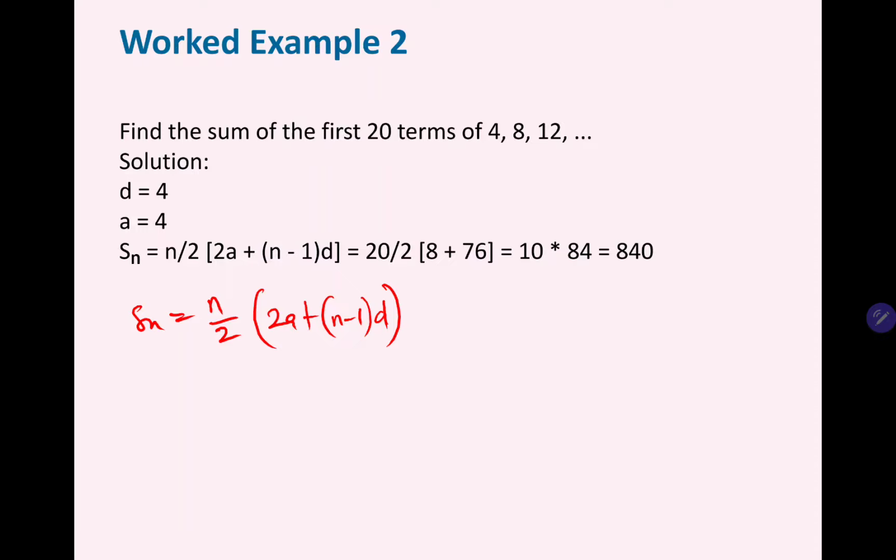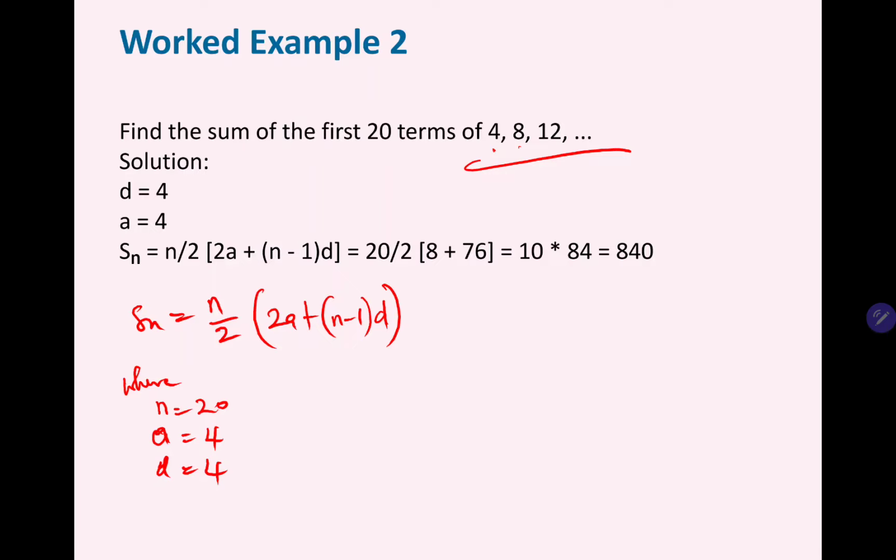Here in this sequence, the first term is 4, second term is 8, third term is 12. So where n is equal to 20, a is equal to, what's the first term here now? 4. And the common difference, 8 minus 4 is 4. Common difference, d, is equal to 4.